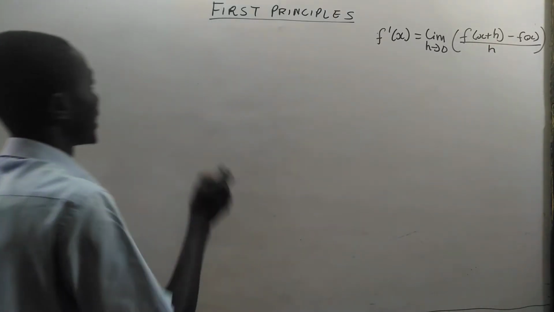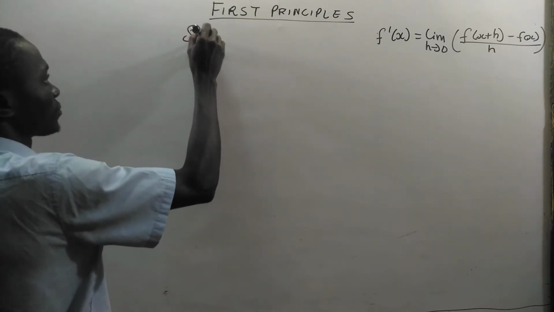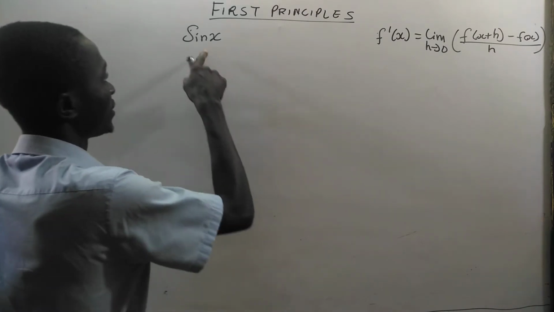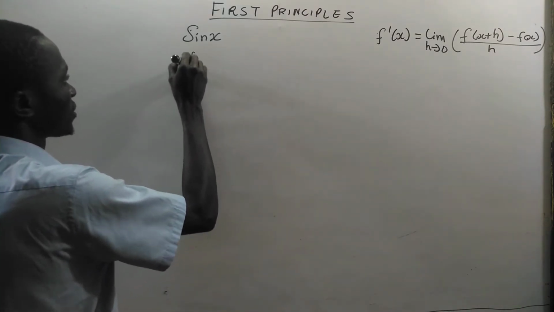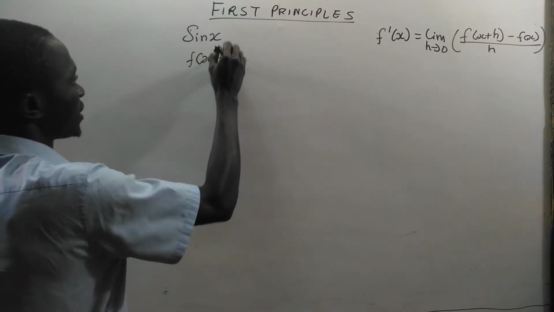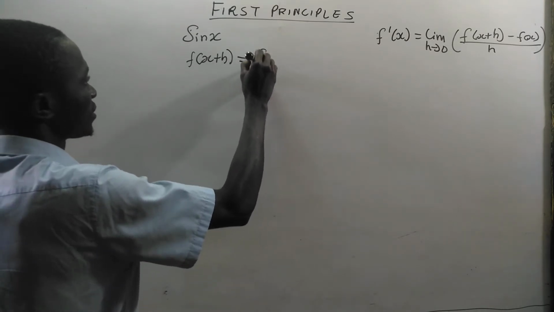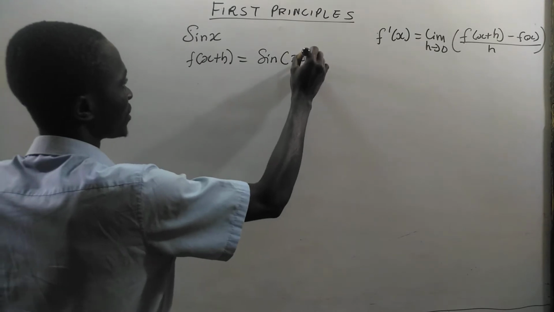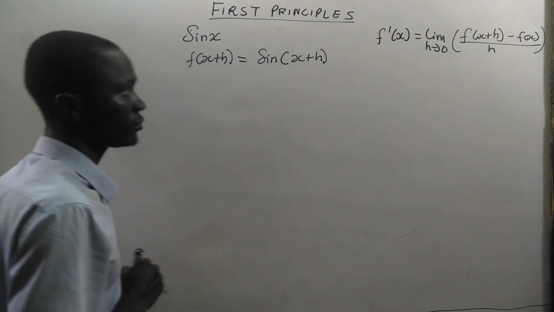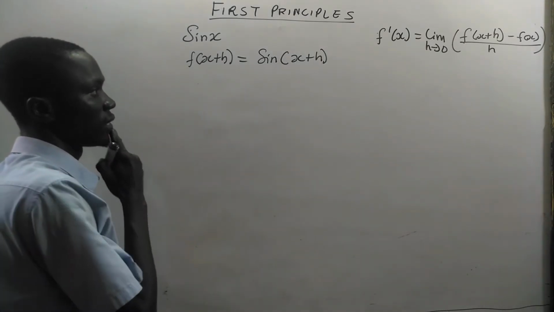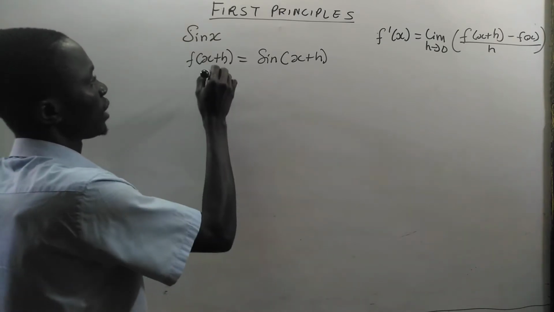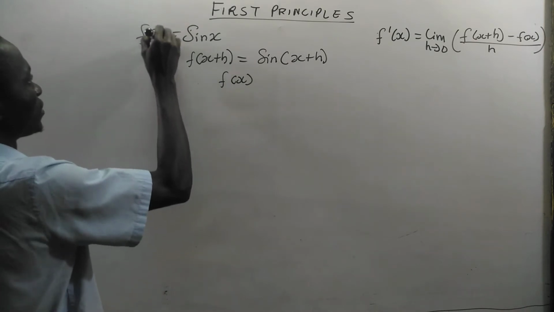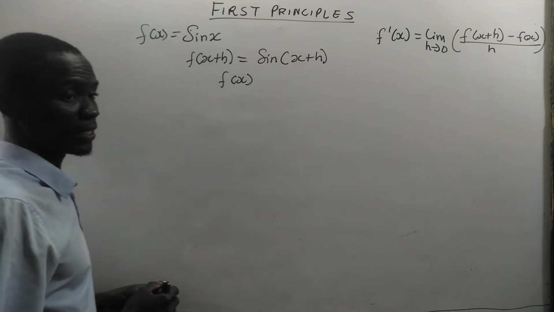So here let's take sine x. If we take sine x, then f of x plus h is simply writing sine and then replacing x by x plus h. And now our f of x is equal to sine x.